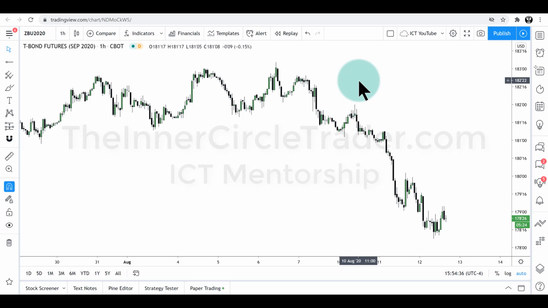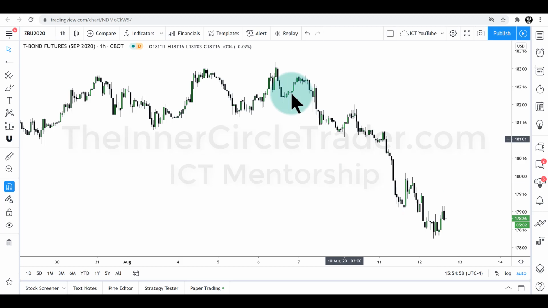It's not contradictory, okay? When I'm looking at bonds, I'm looking at both sides of the same coin. So while the bond market futures contract is declining here, okay, when this price is going lower, that is actually the bond yield going up.